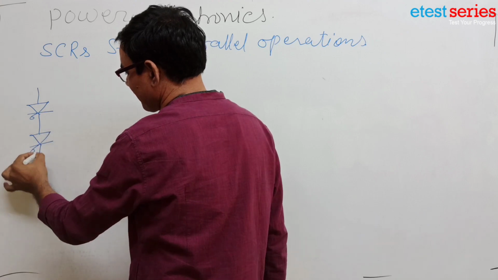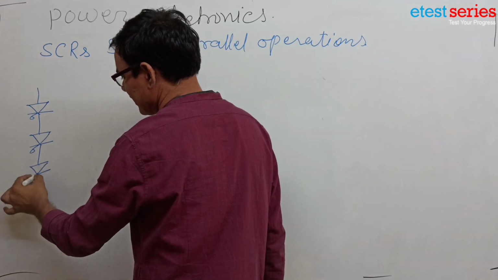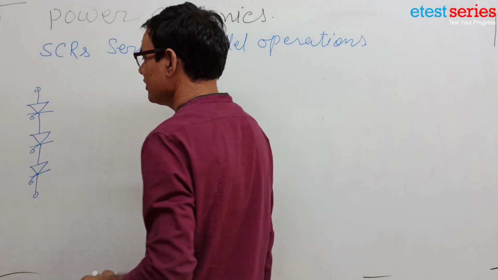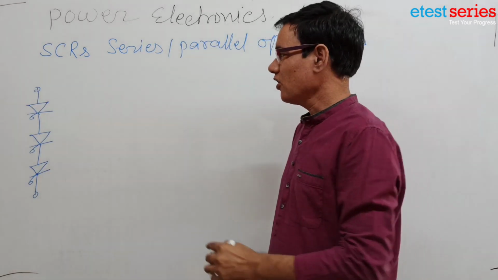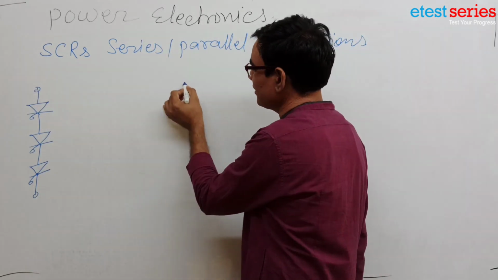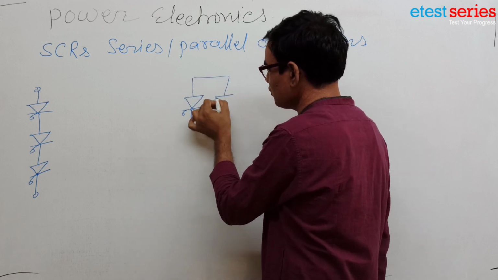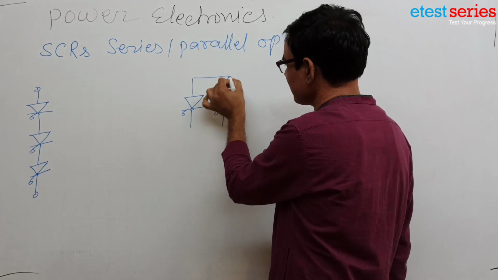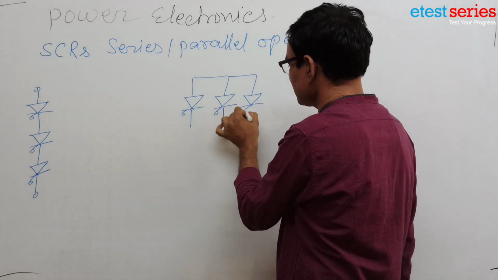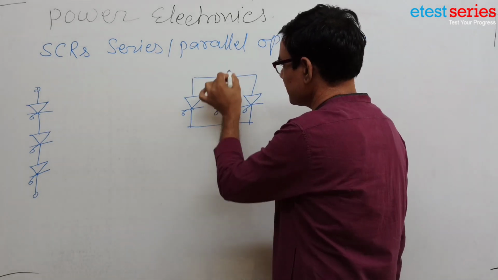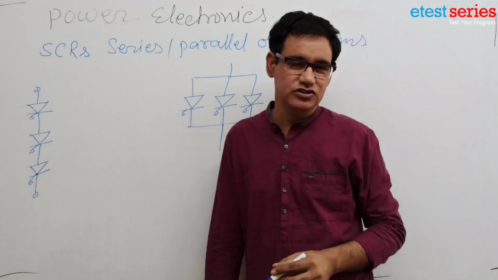It makes a string of 3, 4, 5, any number of SCRs. Or SCRs may be connected in parallel, it also makes a string. 1 SCR, maybe 2 SCRs, maybe 3 SCRs, maybe more than 3 SCRs. So this is parallel, this is series.